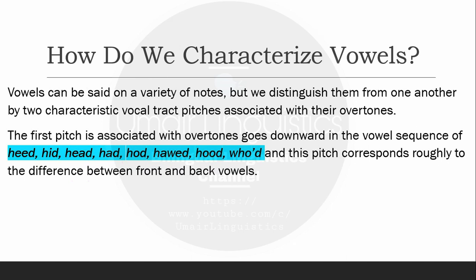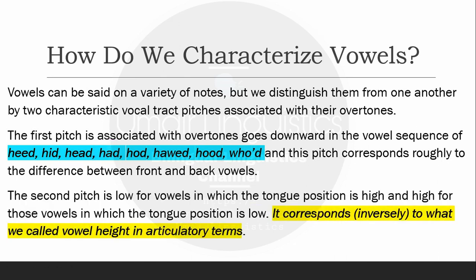So this is the first pitch, and it corresponds roughly to the difference between front and back vowels. We usually say that front vowels have a high first pitch, while back vowels have a lower first pitch. The second pitch is low for vowels in which the tongue position is high.